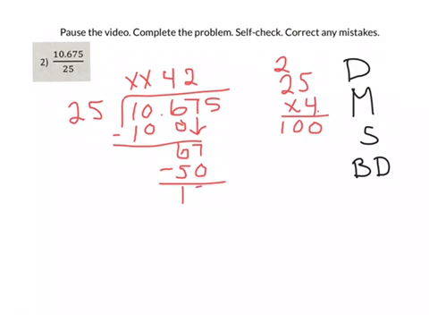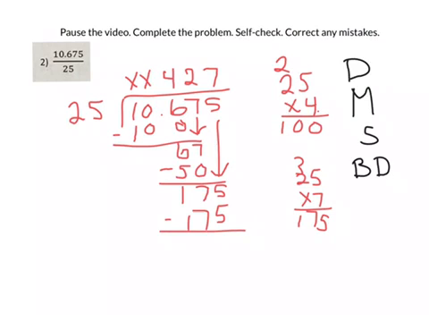Now you're going to subtract and you're going to bring down. 25 goes into 175 7 times. 7 times 25, again, if you don't know that, you're going to come on over here to the side. 5 times 7 is 35, carry the 3. 2 times 7 is 14 plus 3 is 17. Subtract, and you're left with 0.